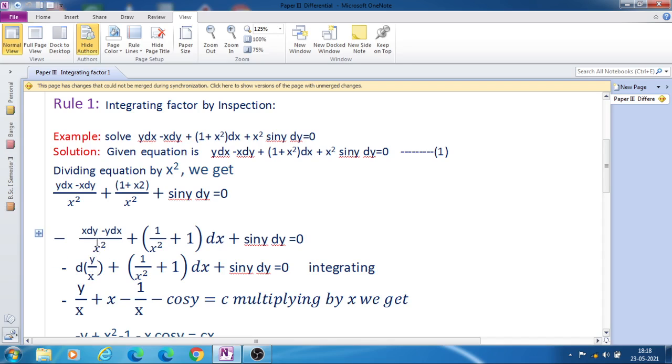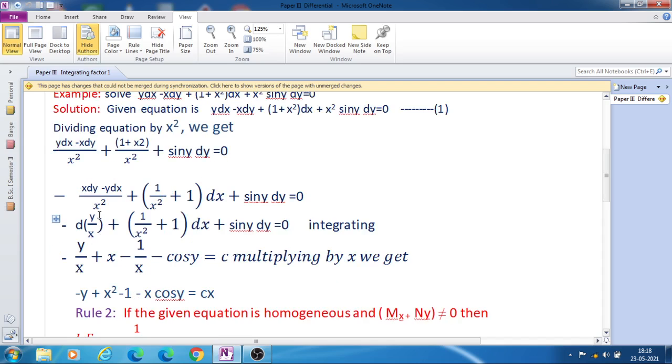So this is nothing but the derivative of y upon x, and the other is a pure term of x with dx, so we can integrate it, and here also dy is there, and sin y is a pure term containing y, so there is no problem for integration.